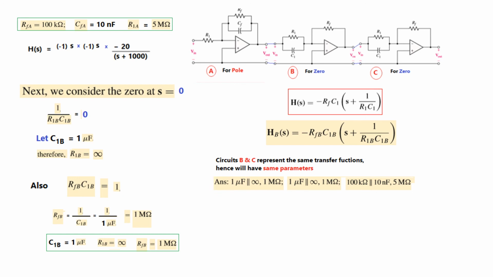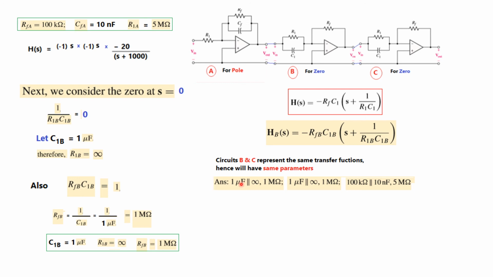And so this is the answer that we get, and this is what is given in the book. This is for the pole circuit, and these two are for the zero circuits. And since the question has asked what the impedance is, the book has just written the parallel combination of the two.